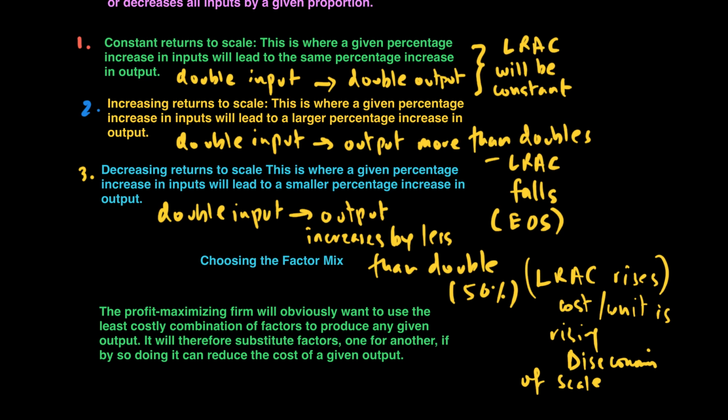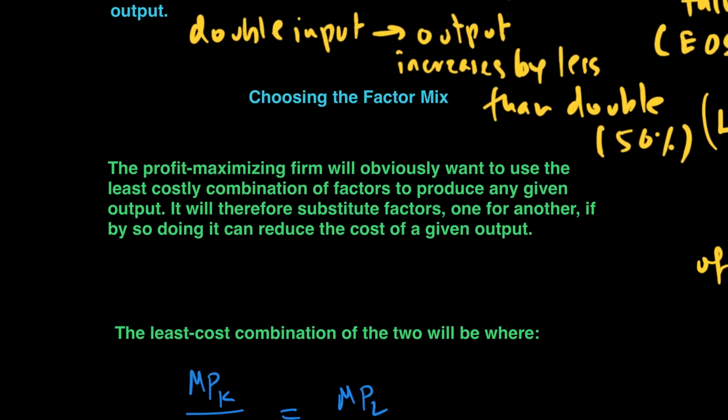Now, understand this, in the long run, I can change all my inputs in any combination that I want to, and in the case of changing the scale, I'm changing them in equal proportion. But then comes this other option of changing the factor mix.